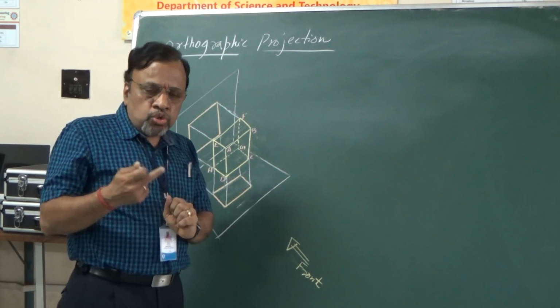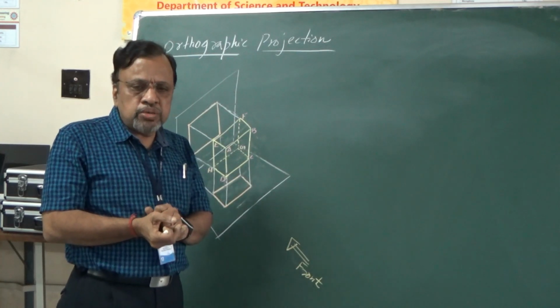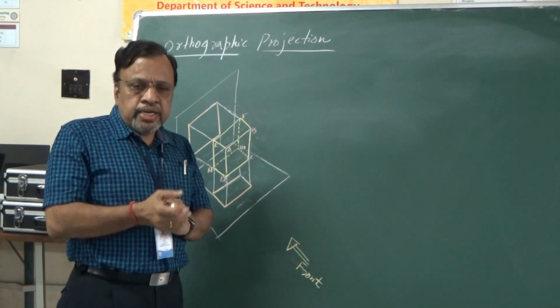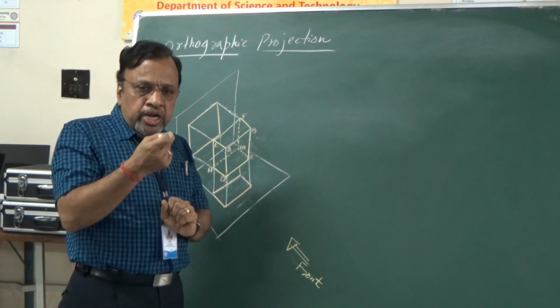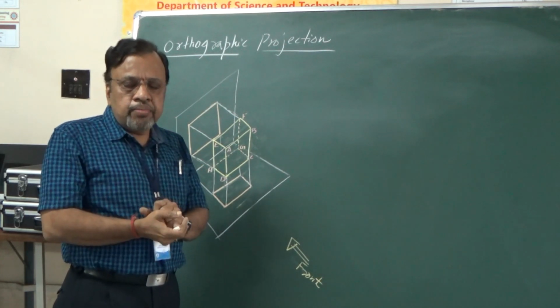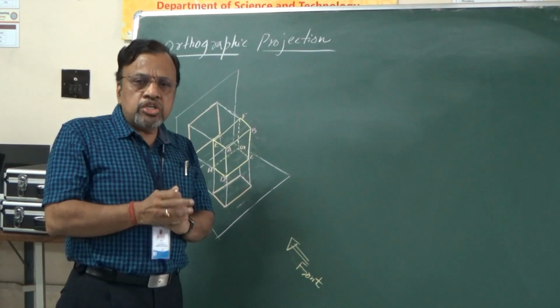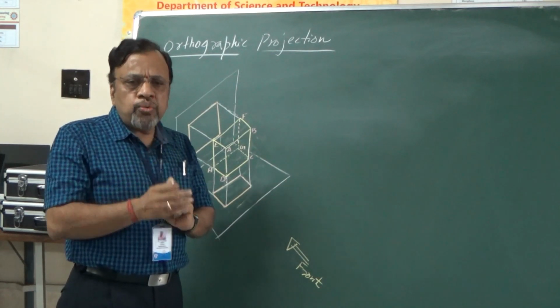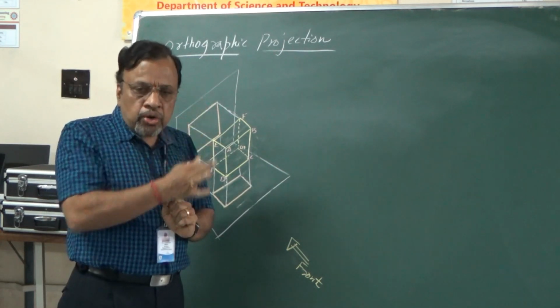What is a projector? A projector is a line which joins the object to the plane. In orthographic projection, all these projectors are parallel to one another, and they are perpendicular to the planes.